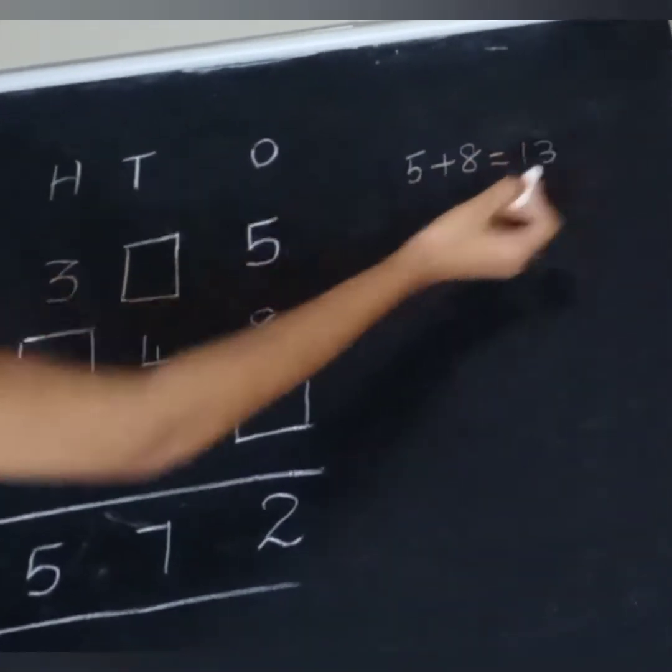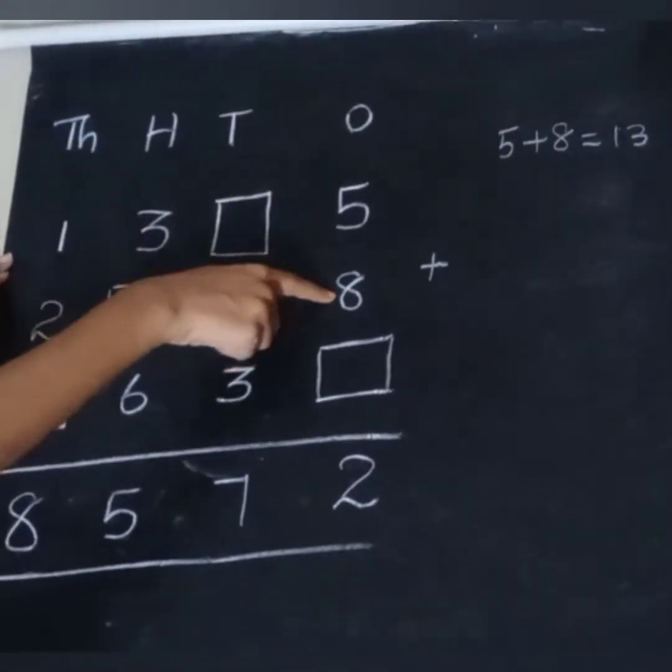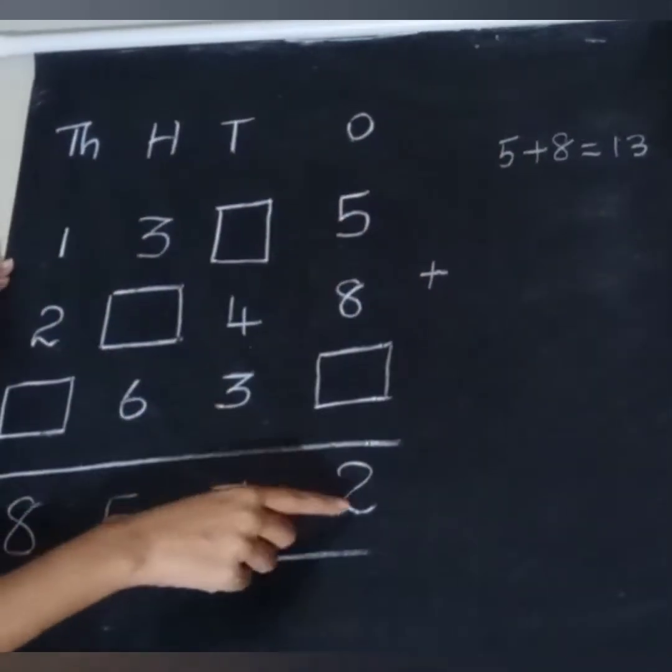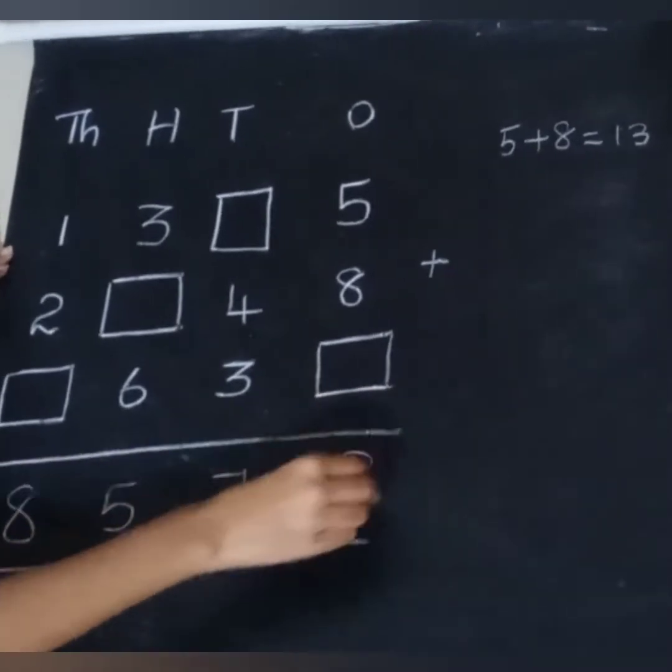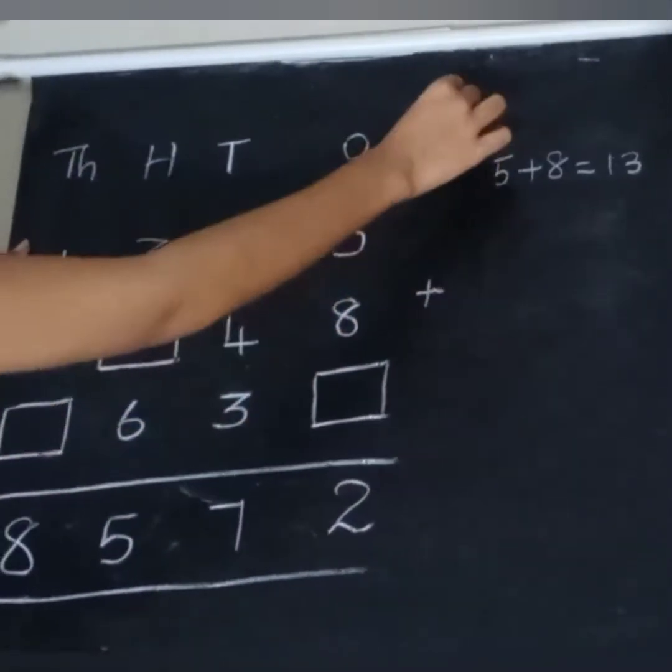Now what's the answer part? 2. So write all the numbers that end with 2 aside.